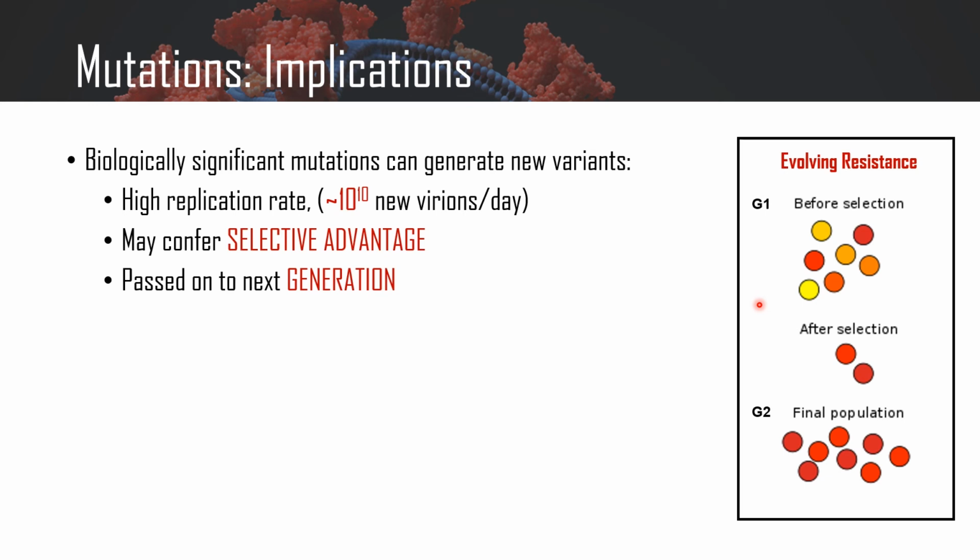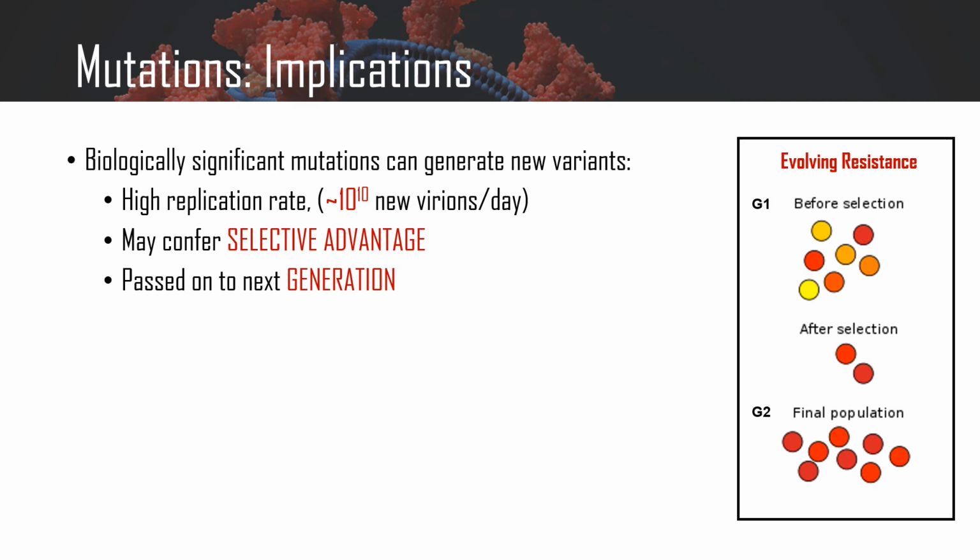And that replication means that they will also pass their genetics with the mutation to the subsequent generation, shown here as G2. As you can see here, the G2 generation have the exact same resistance mutation, which are the red circles here, and that allows them to survive any future exposure to that therapy.